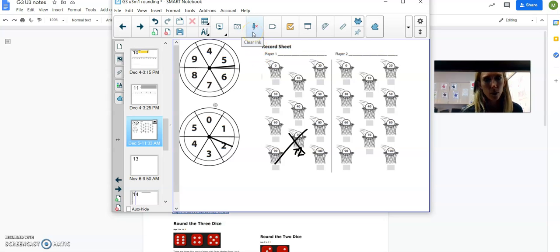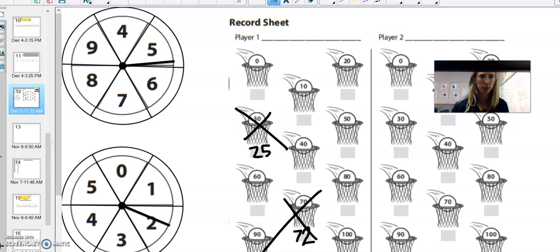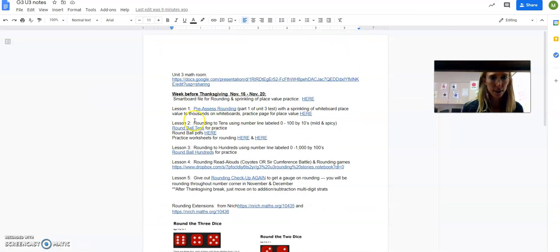So then they would write in, okay, I'm going to write in 25 right here, and I get to cross off this basketball. And now the next person goes, right? First person to cross off all their baskets wins, or in the certain amount of time that they get. Okay? So that is up to lesson number 2.